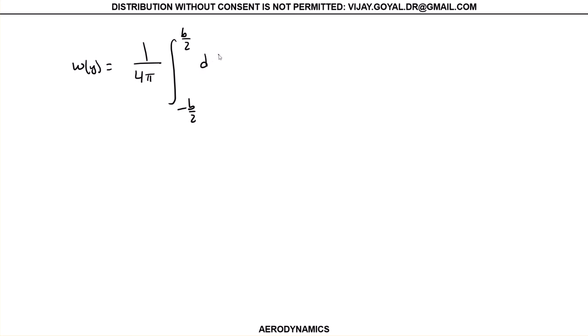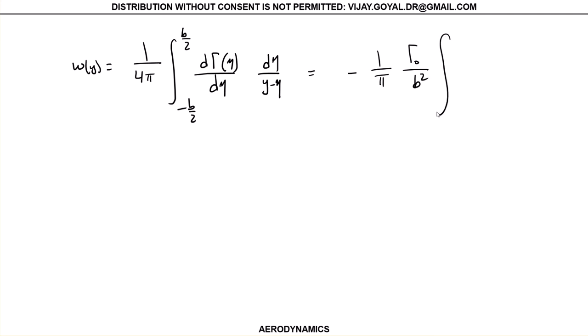and then we can use some integration tricks here, so we can actually solve this equation, and this whole integration basically becomes 1 over pi, gamma sub 0 over b squared, integral from minus b over 2 to b over 2 of the square root of 1 minus (2 eta over b) squared, over y minus eta, d eta.